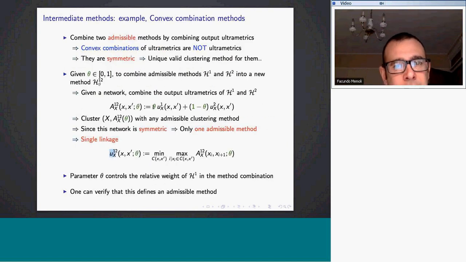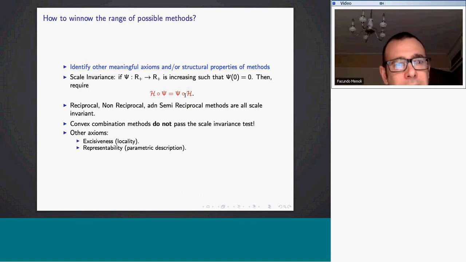You can read things up so that this combination destroys the commutativity for some functions C. So the single linkage method, the nonreciprocal method, and the reciprocal family are all scale invariant.